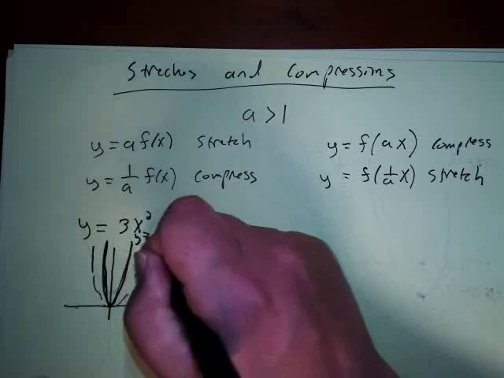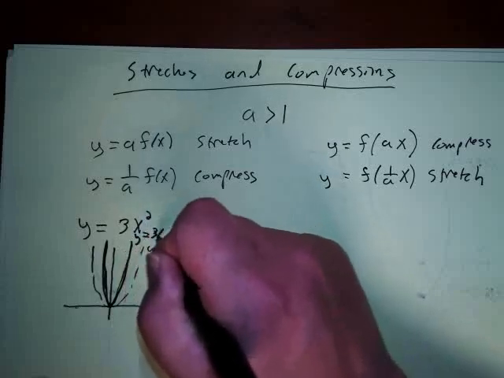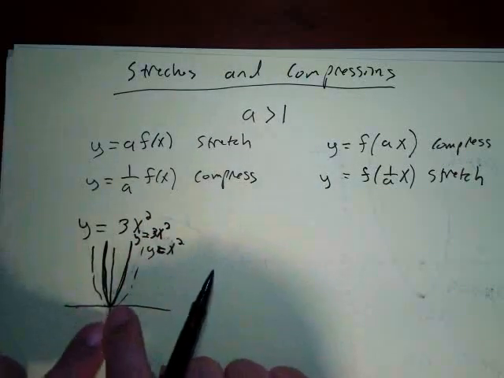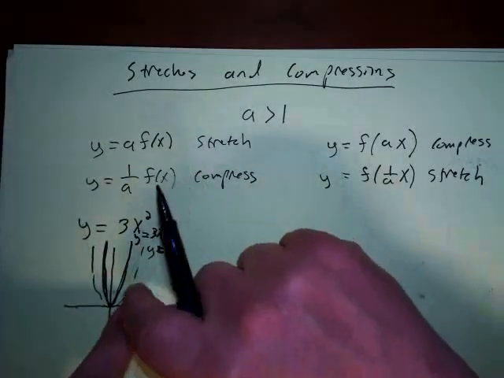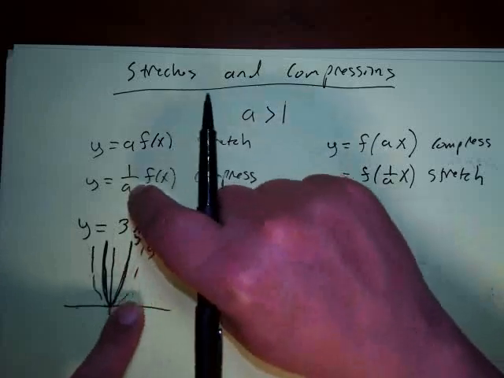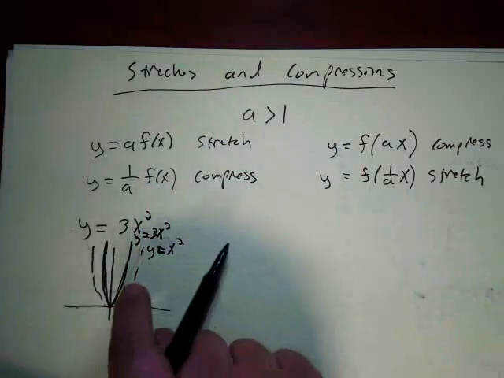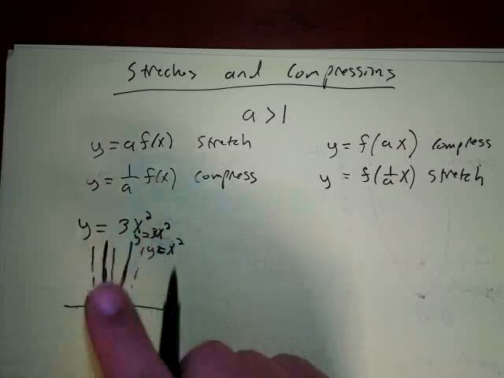So this would be y equals 3x squared. In other words, it's taking that graph and stretching it up. Any one of these y values is 3 times as big as the normal one.